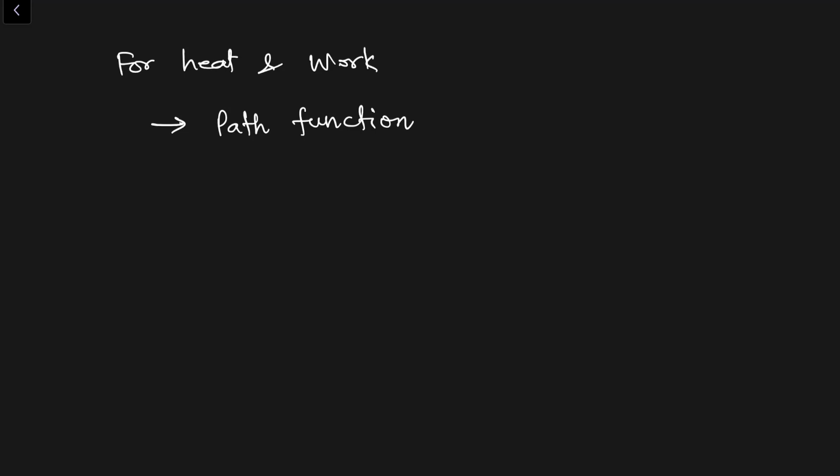We just saw that when we chose path B and C, they are different, so they are path functions. Then they are not properties, so we cannot define work at a state 1 or heat at a state 1. They are always defined between states, like path functions. So we have to define what is the work transfer when we are going from state 1 to 2, but we cannot define it at a particular state.